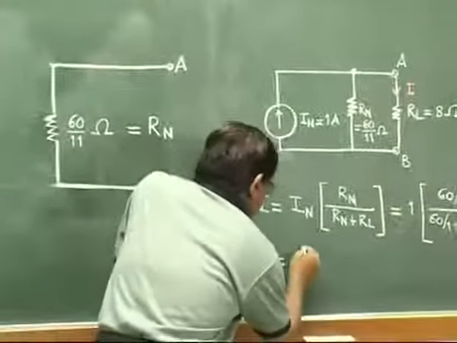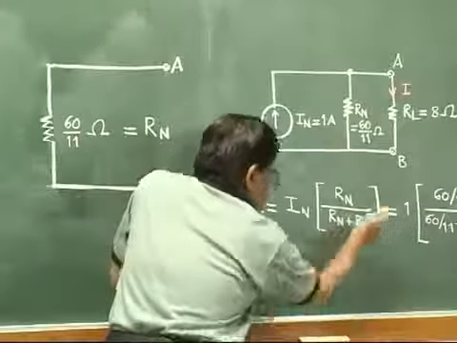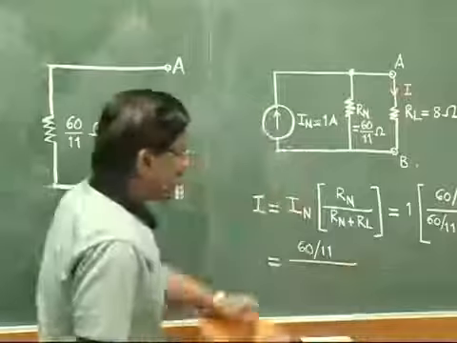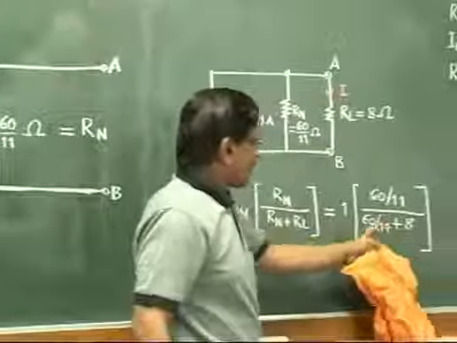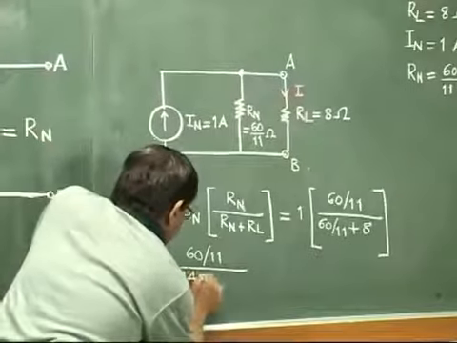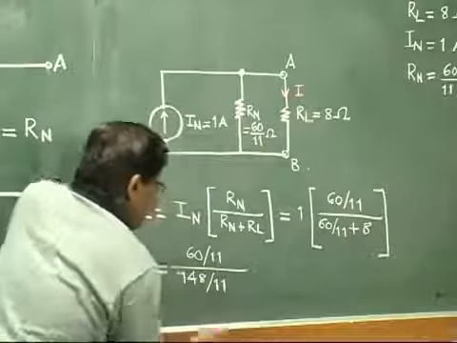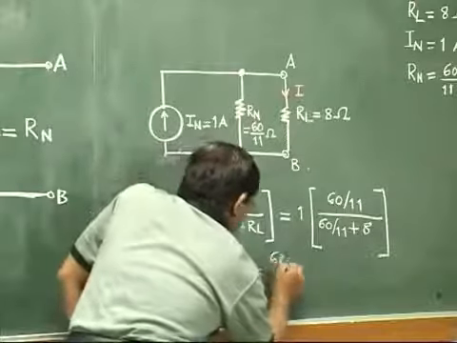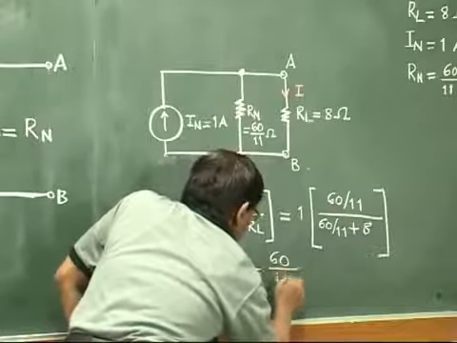So it will be, this 1 into 60 by 11 is 60 by 11, and in the denominator this sum will be 88 plus 60, so 148 by 11. So finally it goes to 60 divided by 148.